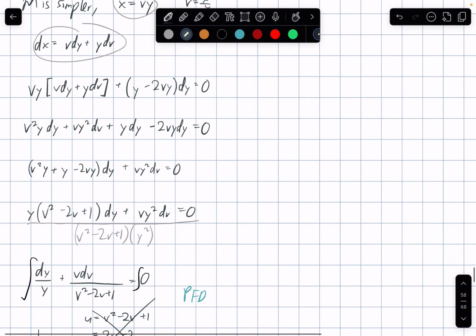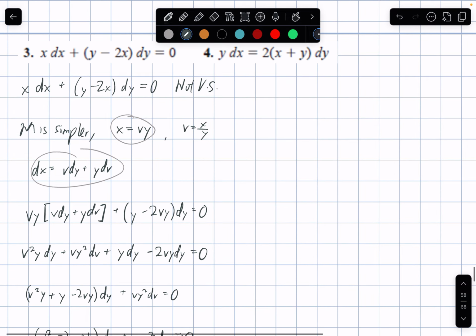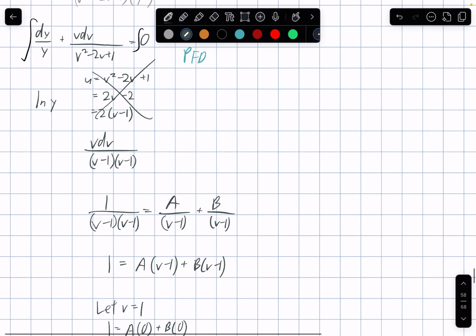Let's check what the solution has to say. Ah, wait.